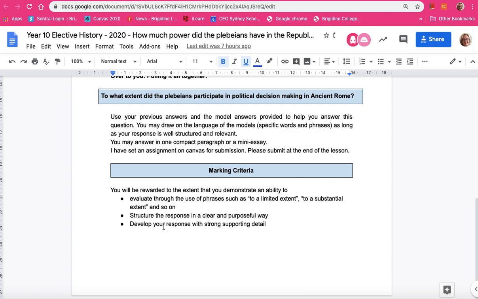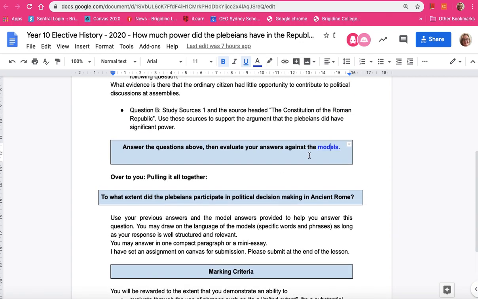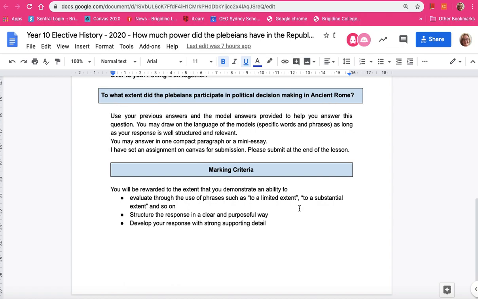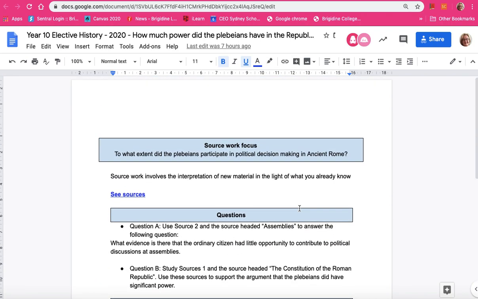So you're going to be using the ideas in the model to structure a response in a way that's clear. I can understand what you're saying. The sentences are flowing and you're supporting your response with some detail, and you've got these notes to use. Now, this is something we can discuss more.